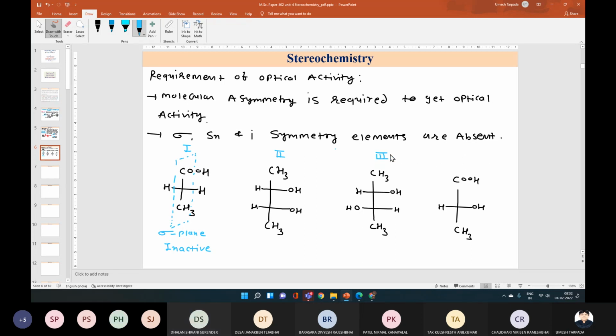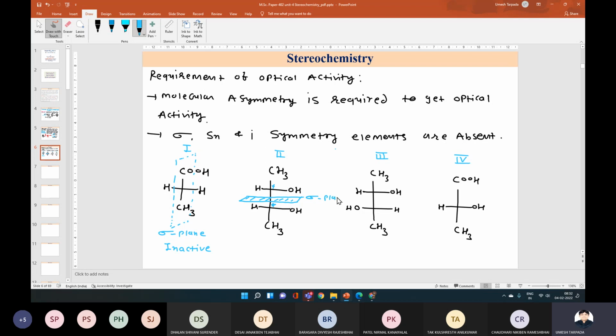See, the second molecule has two chiral centers. This is one because all four groups are different: OH, H, CH3 and the group below. This is the second chiral center. In spite of having two chiral centers, this molecule is optically inactive. The reason is it has an internal plane of symmetry, and that's why I have written that molecular asymmetry is required for optical activity.